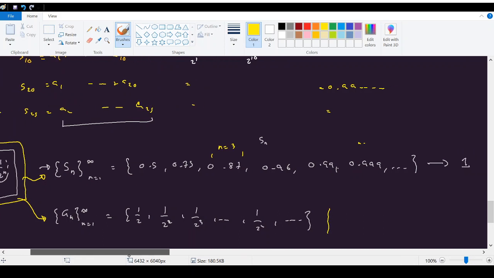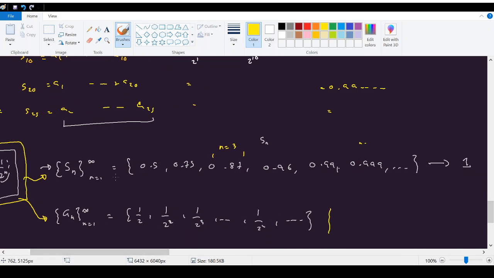And now here you can see that the partial sum sequence converged to a certain value.